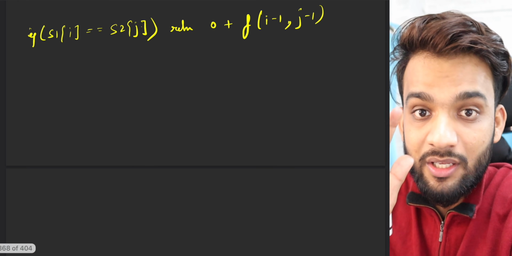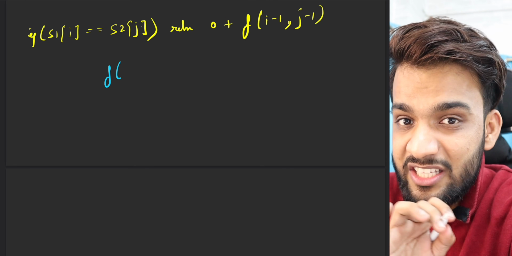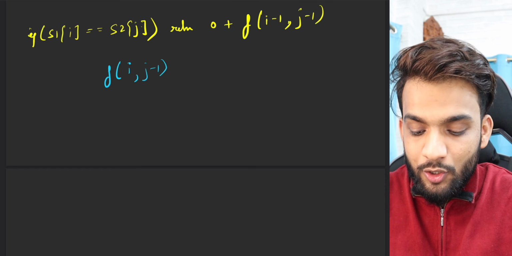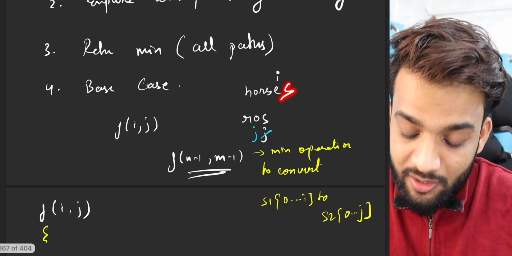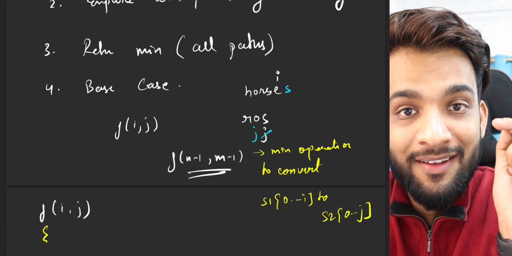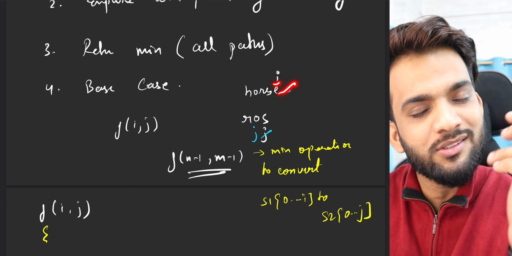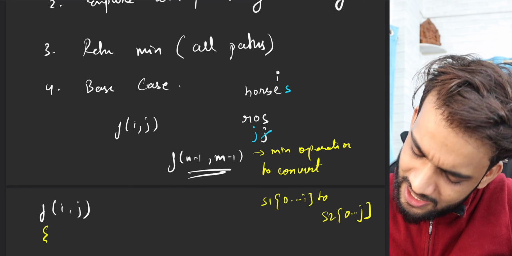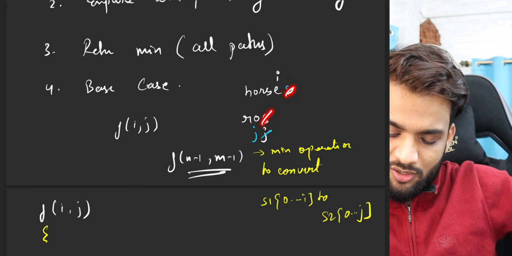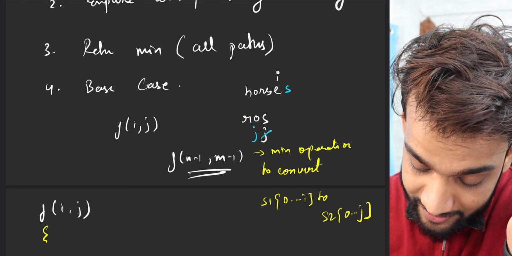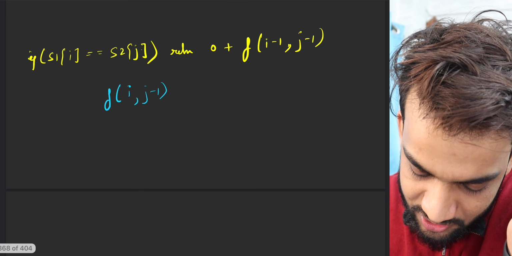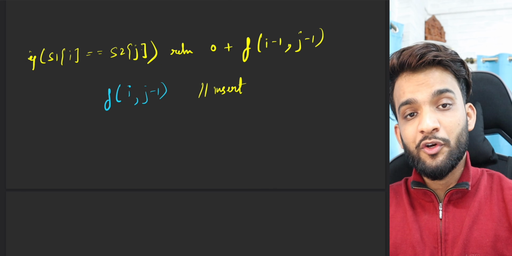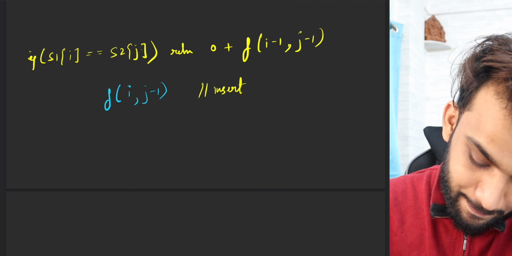So the insert operation is very straightforward. i stays where it is and j reduces by 1 because you have hypothetically inserted S, so they have matched. So i is still there, because someone got inserted right ahead of me. Why will I bother to move? I'll stay where I am. This S got matched, so j will get reduced. So that is how you can do an insert operation. Perfect. So if you're doing this insert operation, that's one step.